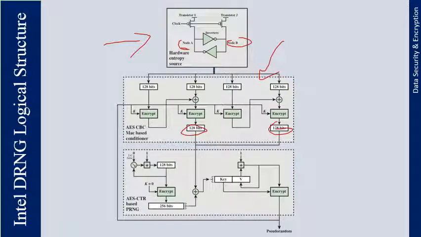This block is provided as input to the update function of the deterministic random bit generator. This update function is initialized with an all-zero key and a counter value of 0. The function is iterated twice to produce a 256-bit block, which is then XORed with the input from the conditioning module.